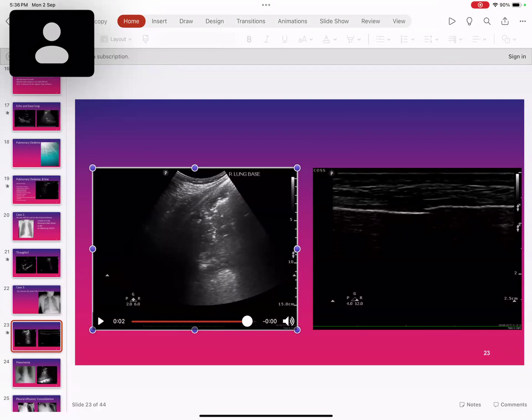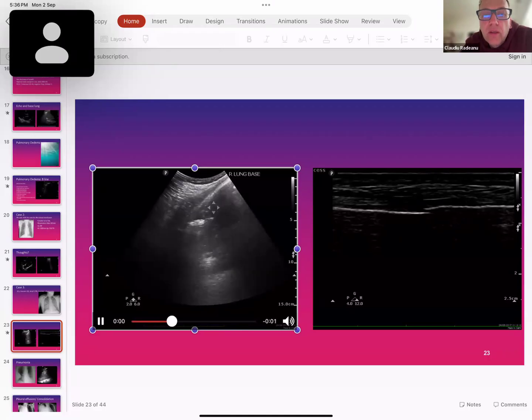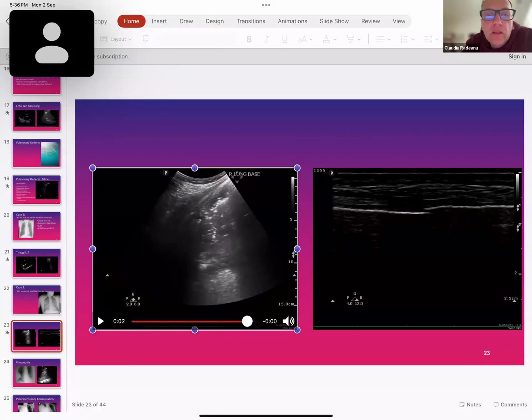It looks like bronchograms or something. Bronchograms, those white hyperechoic structures. Yes, you'll see here hyperechoic structures. You can't quite see the pleural line, probably it's somewhere in this area.